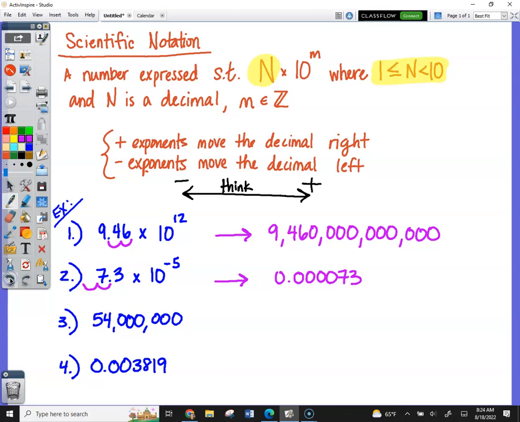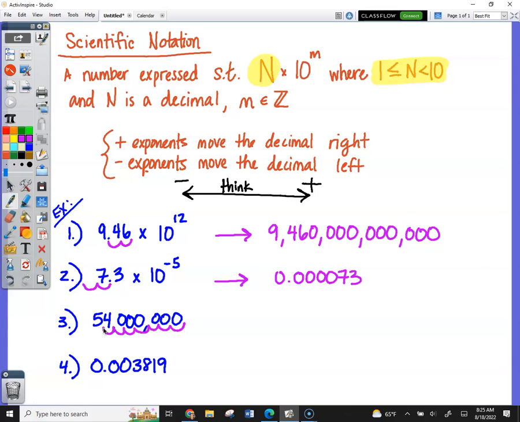Now, to figure out the power, find the decimal and you're counting, right? 3, 4, 5, 6, 7. And which direction did we go? Well, we went to the left. Your exponent is going to be positive because you want your scientific notation to correspond to what the expanded form was.